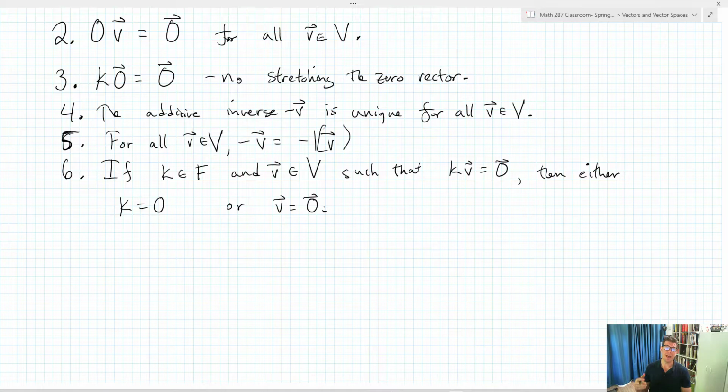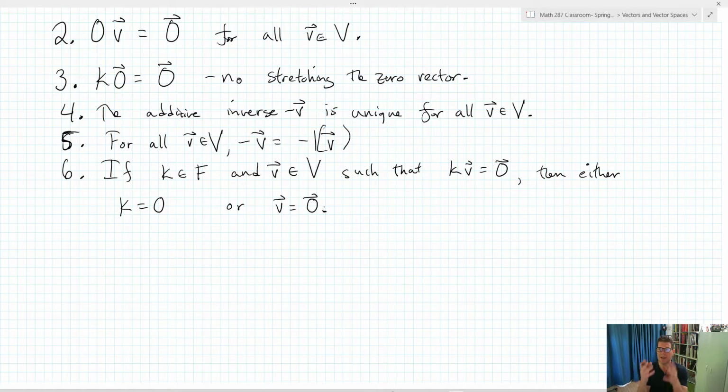This is going to come into play when we say that v is not the zero vector. Well, if v is not the zero vector and we get kv equals 0, that means k has to equal 0. Or we might say the scalar k is not 0, but kv is 0. Well, that means v has to be the zero vector.